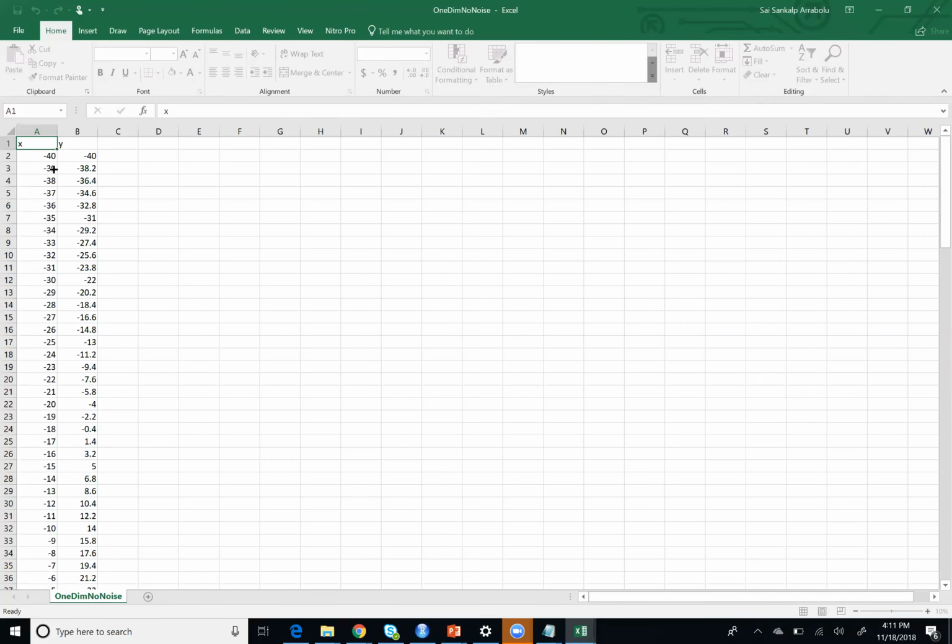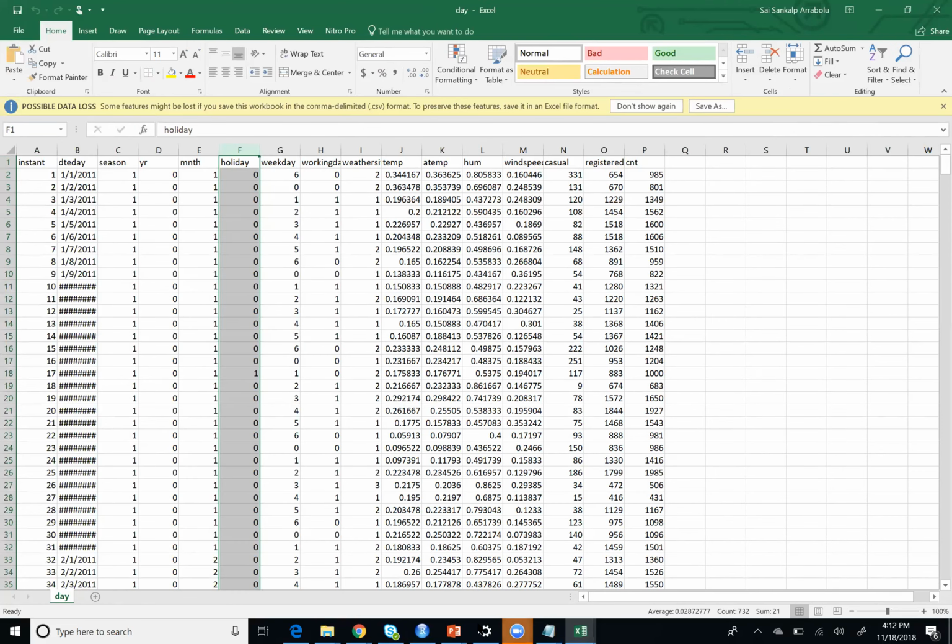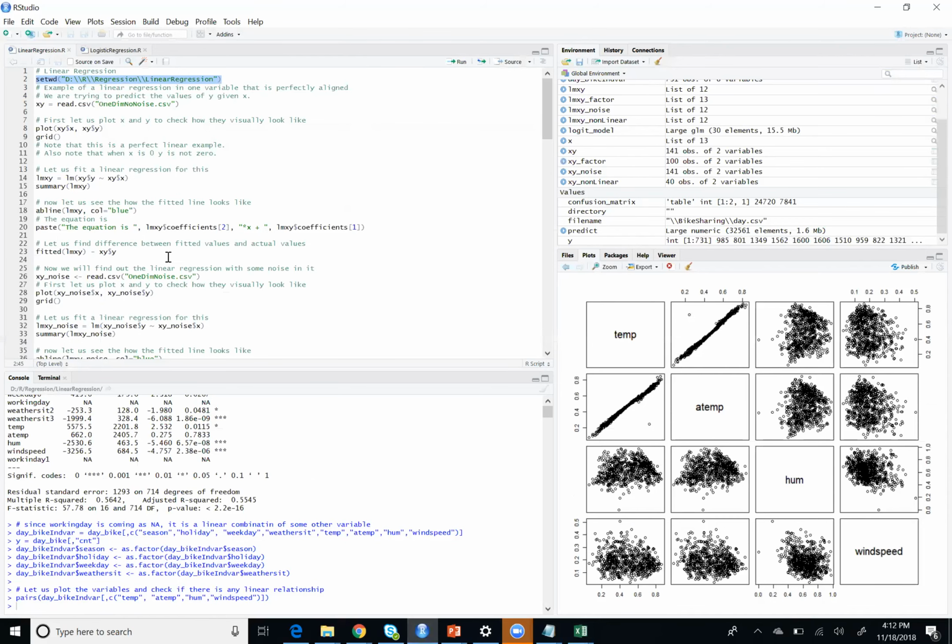The first row will be treated as columns, X and then Y. When you load this data frame, the way you access each column is by giving $X and $Y.